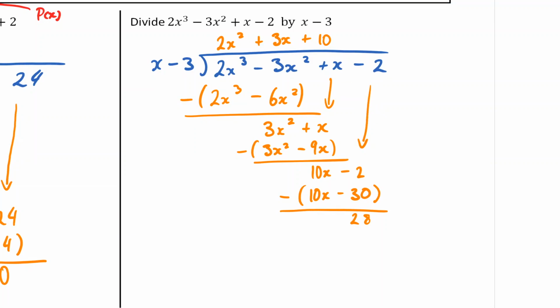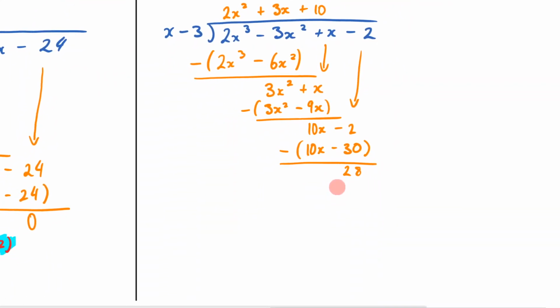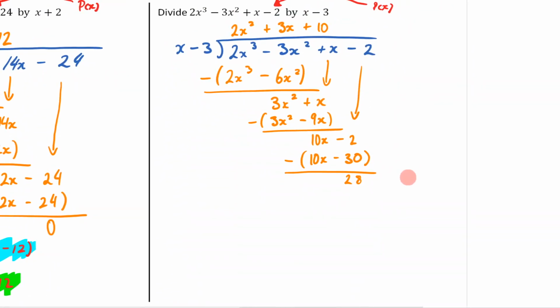Now we have to figure out the way that we could write our answer. So let's again remind ourselves that this right here is our dividend, which we call p of x. So the way that we could write this down, I could say that p of x is equal to my divisor multiplied by my quotient, that's x squared plus 3x plus 10, plus my remainder, 28.